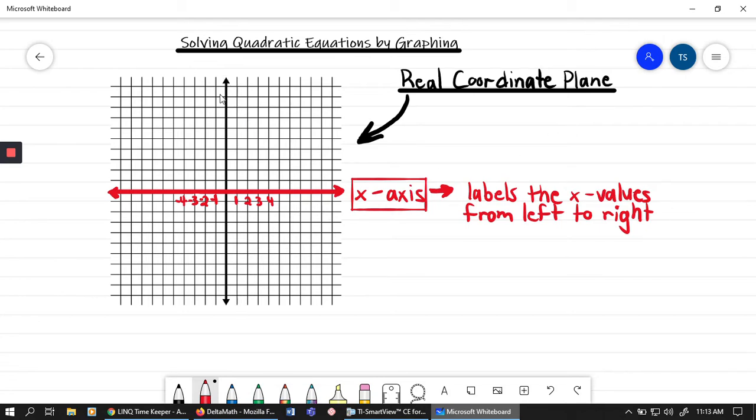The other component that we need to make sure we know about is the y values. Your y-axis is this vertical line here in the middle, and it labels your y values from the bottom to the top, because y values go up and down.